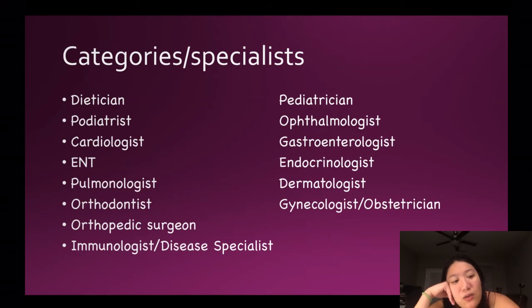ENT is the ear, nose, throat doctor, who can do allergy tests and such, working within those areas. A pulmonologist, of course, deals with the lungs, and I remember pulmonologists can also order the Challenger test, and so can the ENT, which is essentially a test for asthma.